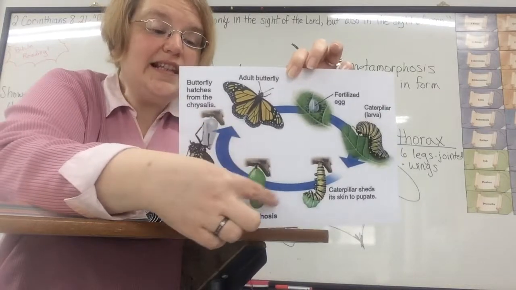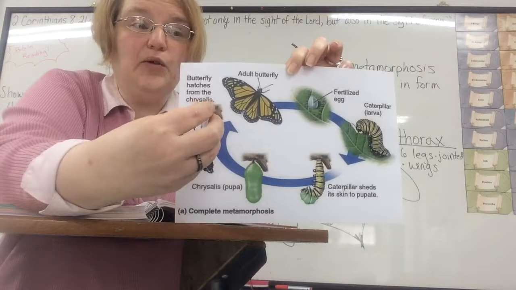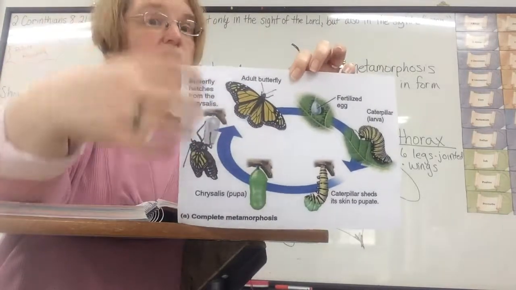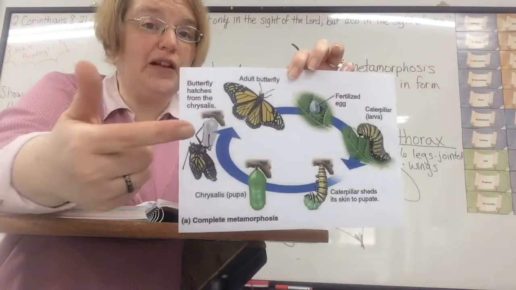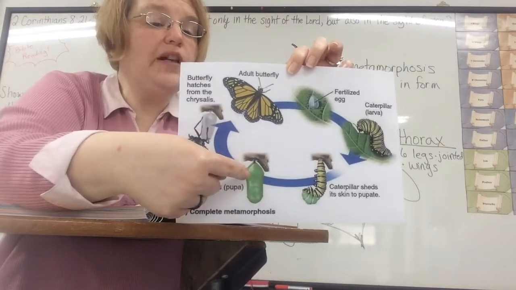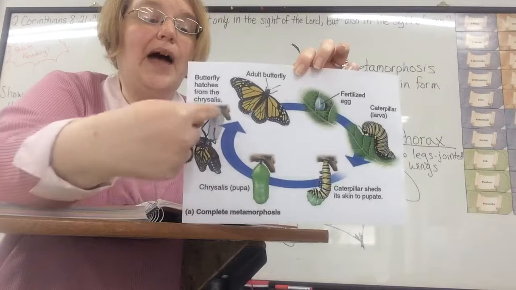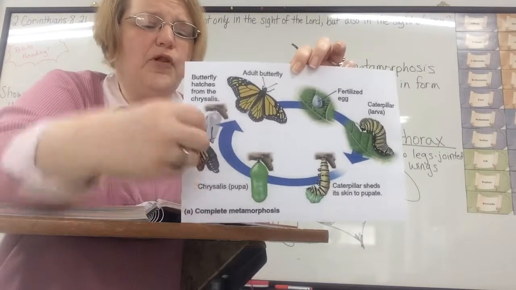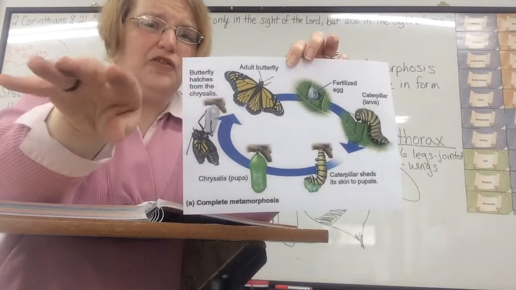Okay? And inside this chrysalis, it will start to form the different body sections, the head, the thorax, and the abdomen, and also develop the wings. Then later, when it's ready, it will come out of its chrysalis, and it'll take some time for its wings to expand and fill with fluid.